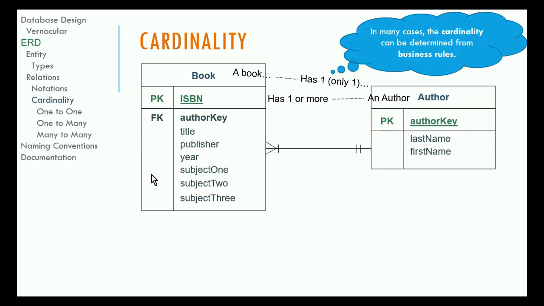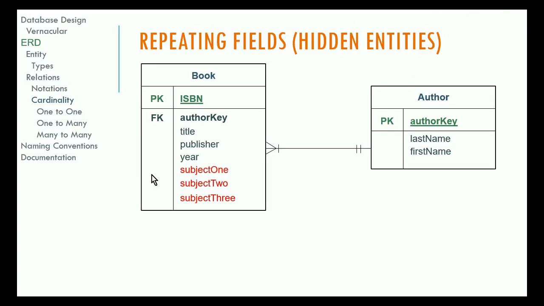It'd be a strange business rule, but if that's a business rule, we would express that in the database and in our logical design by showing that business rule. So again, you can look at those business rules to kind of determine what that cardinality should be. If it's not determined in the business rules, then you have to use your best judgment to figure out what that cardinality would be. So this is an example of the cardinality between book and author.